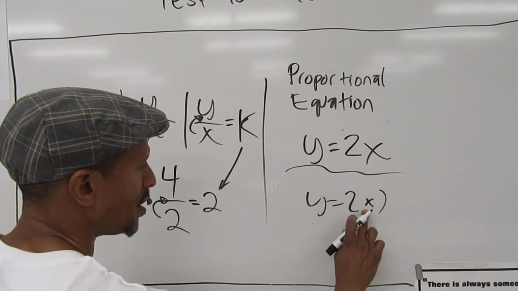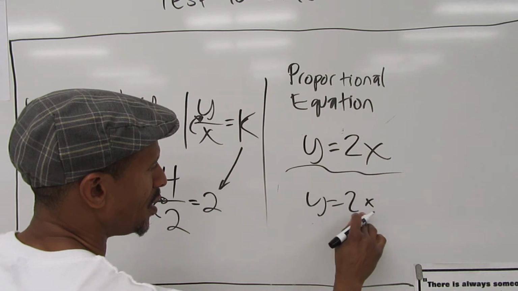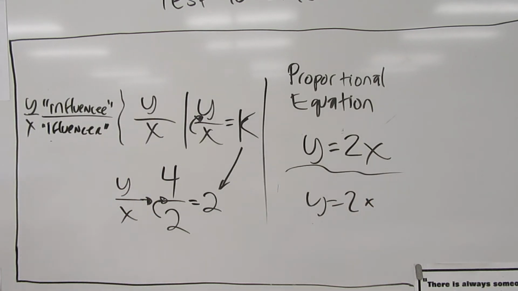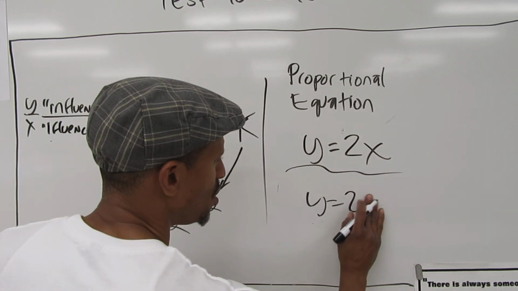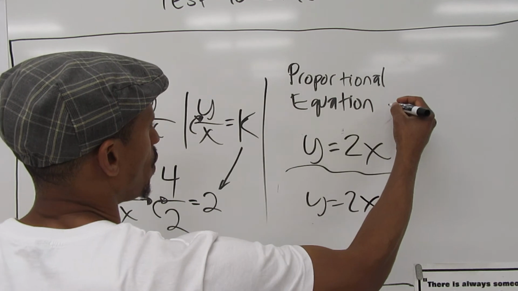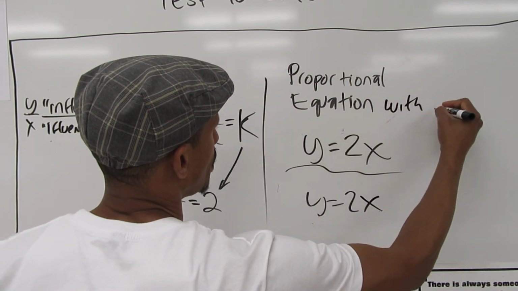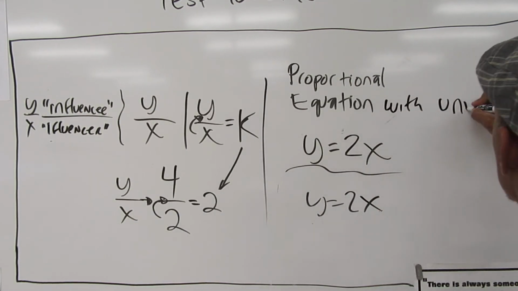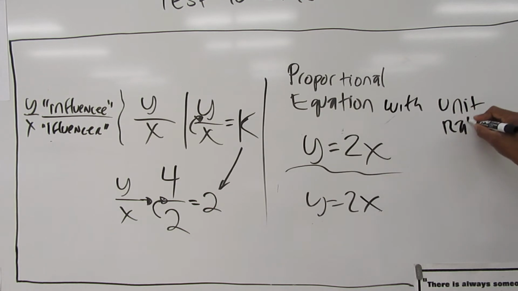And also, we just don't know what that value is. I mean, we can do that, you'll see that later, but we generally just go ahead and place them together like that, okay? And so now that is a proportional equation, an equation with unit rate. Unit rate right there, okay?